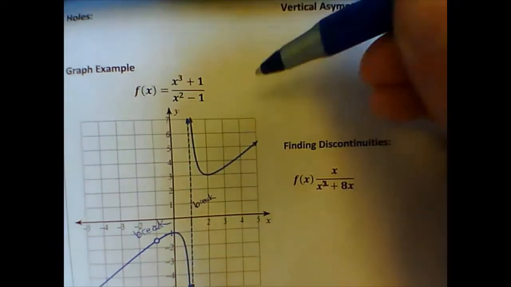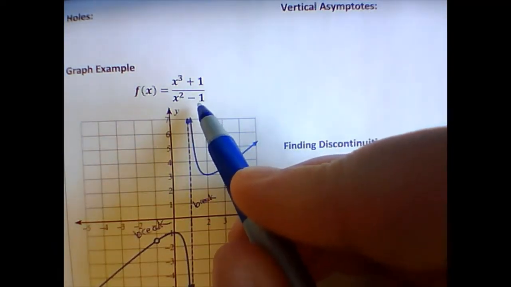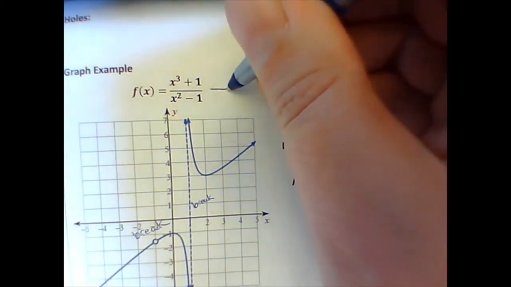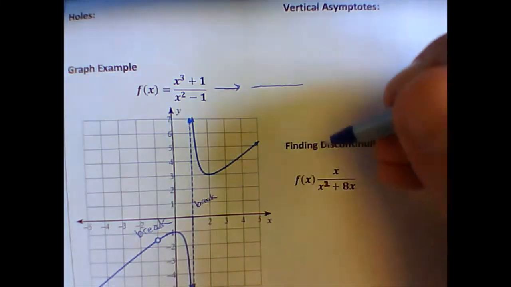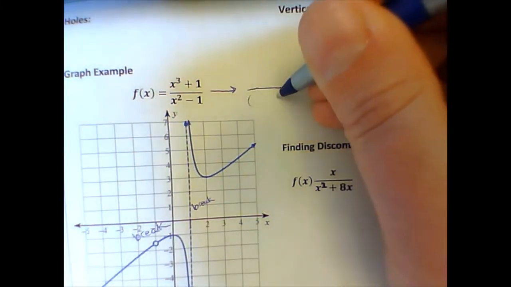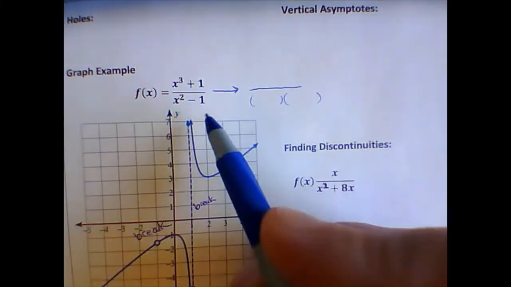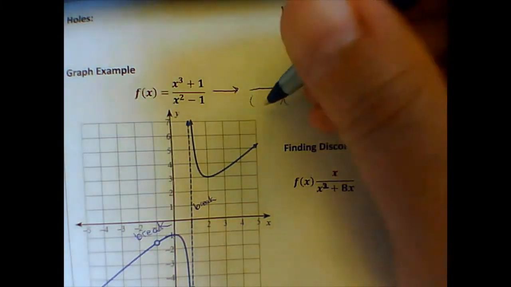So if your instructions are to find discontinuities, you find them the exact same way that you find excluded values, because that's what they are. On the bottom, there's an x squared, and it's not going to come out with the greatest common factor, which means two parentheses. Now, this happens to be a difference of squares.